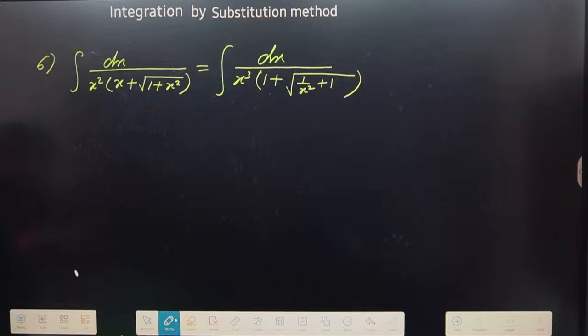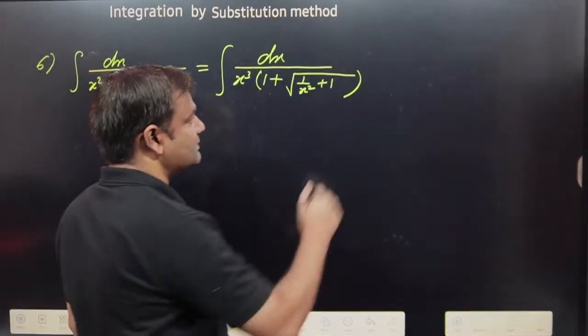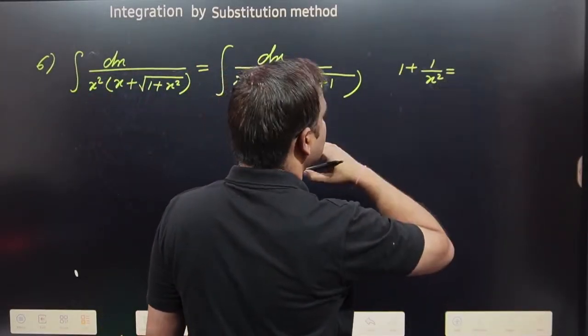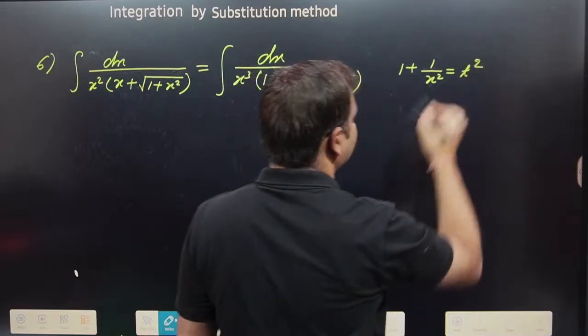Complicated part, always complicated part. So 1 plus 1 upon x square is taken t square.